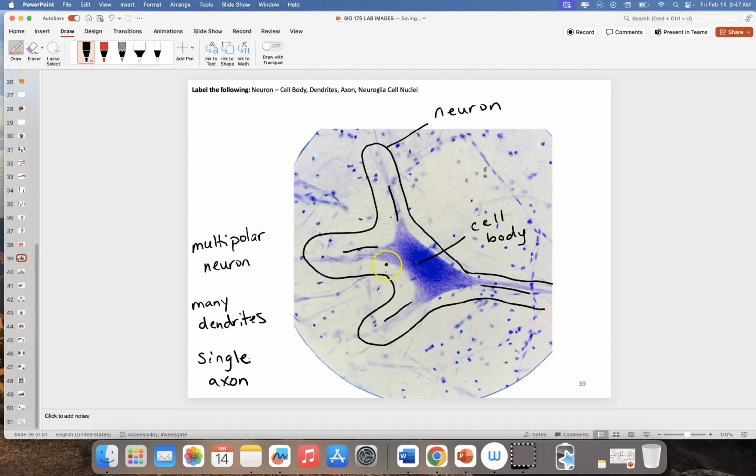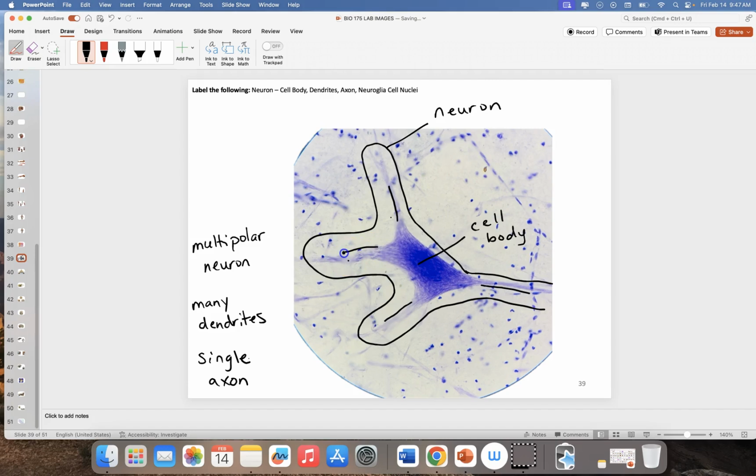If we have many extensions on this side, are these many extensions dendrites or axons? Correct. Those are the dendrites. This is a multipolar neuron. We're going to have many dendrites.